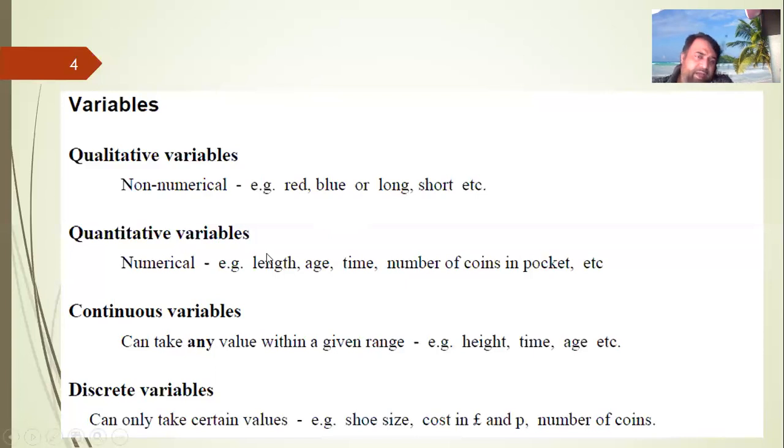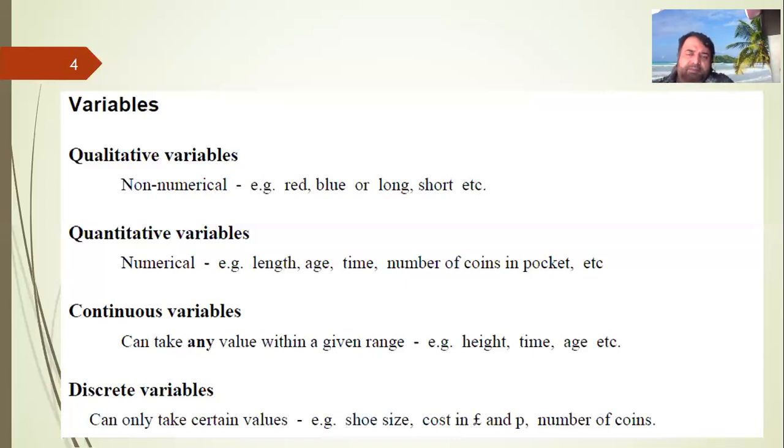Okay, continuous variables. Quantitative data is basically divided into two types: one is continuous, another is discrete. A continuous data or continuous variable is data which can take any value. Say height. Height can be any value, but within a certain range, of course. If I say the height of a human being, when an infant baby is born, the height of the baby is maybe 1 feet, or maybe 1.2 feet.